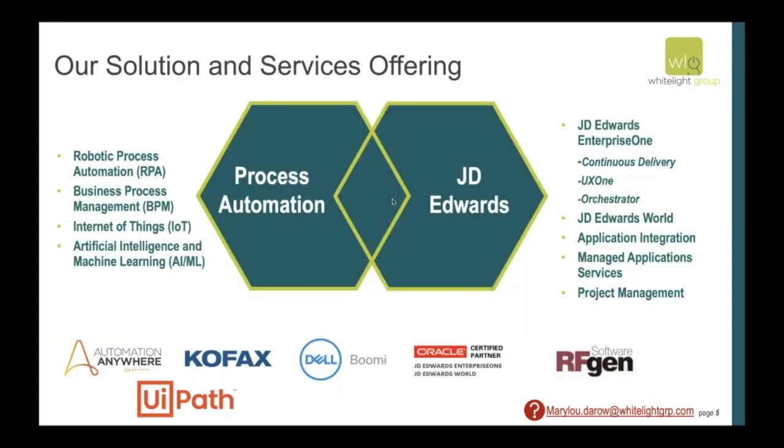As an Oracle partner, we have worked with many clients to provide support and assistance with JD Edwards' ERP platform. As time went on, RPA was a natural progression for White Light Group, as everything we do seems to be very process focused. Our three primary areas of business are JD Edwards consulting, ERP software integration, and last but not least, what we're going to talk about today, RPA, robotic process automation.